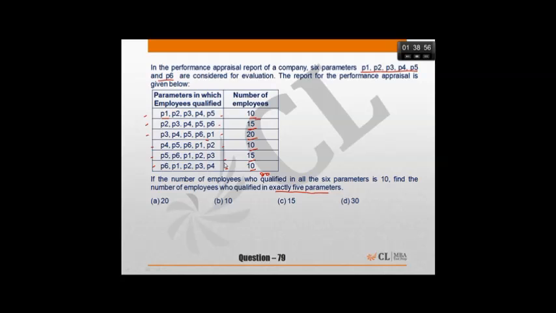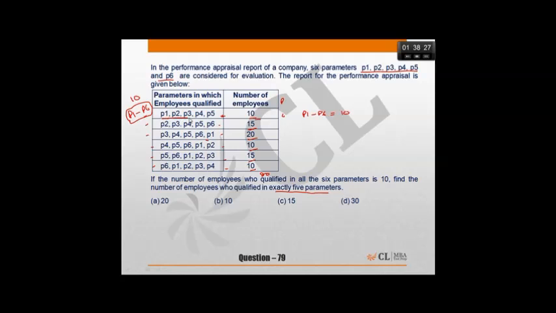Can I not say P1 to P6 is equal to 10, and if I add P6 here, this becomes 10, minus 10, so this should be 0. So if I add P6 here, this should become 10. So the excess between P1 to P6, if I add all of them, is exactly 10 people.